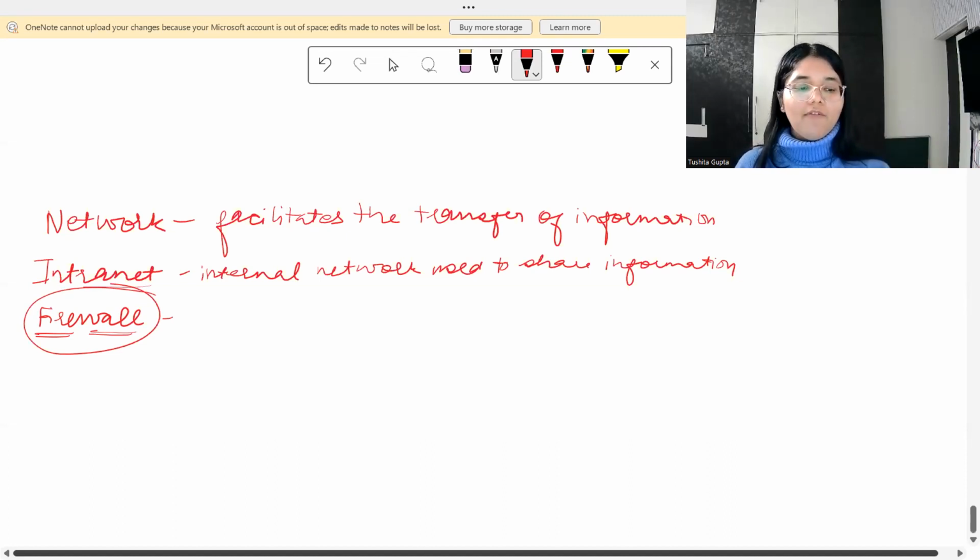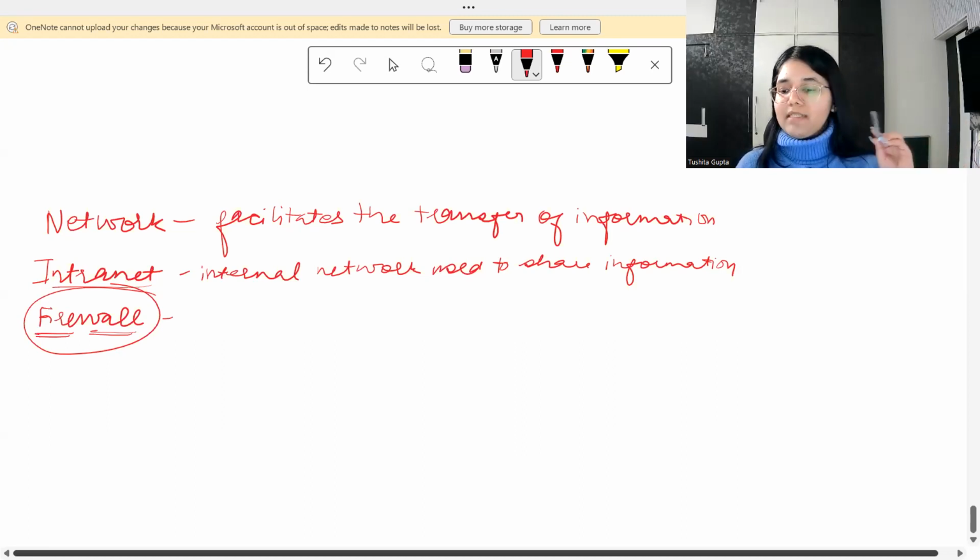Suppose we are the organization Microsoft, we have our own intranet, and someone from outside, maybe a competitor, is trying to get our data. A firewall is such a protective measure which will help me prevent that external person from accessing any information shared on my intranet.